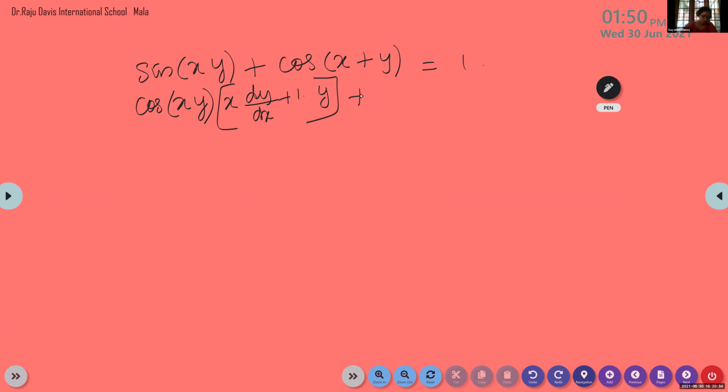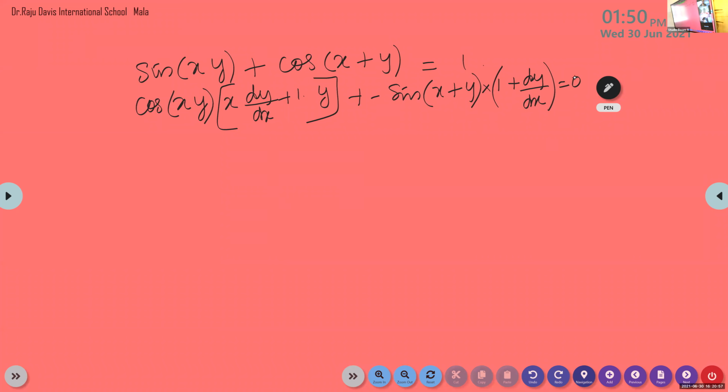Minus sin x. So what will be the derivative of cos of x plus y? Minus sin of x plus y. It's not over. Into, in the place of x, we have x plus y, that we should differentiate. So when we differentiate it, it is 1 plus dy by dx is equal to 0.